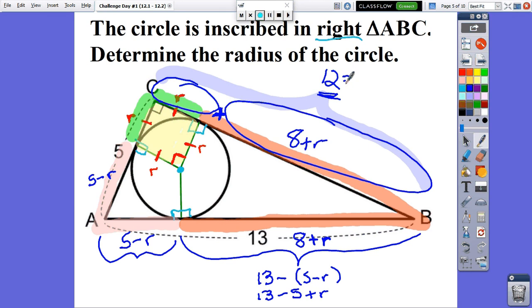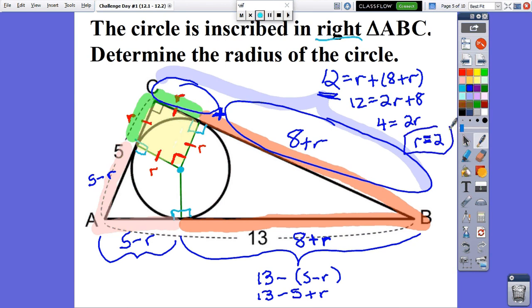So 12 is equal to R plus this 8 plus R piece. So 12 is equal to 2R plus 8. Subtract the 8 over to the 12 to get 4 equals 2R. And R, the inscribed circle's radius, is 2. So there is problem number 4.